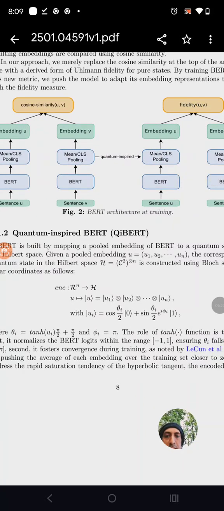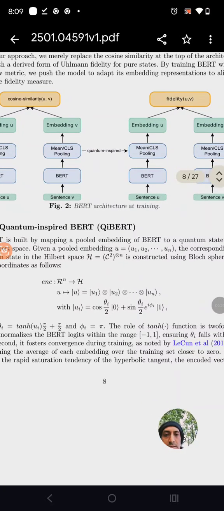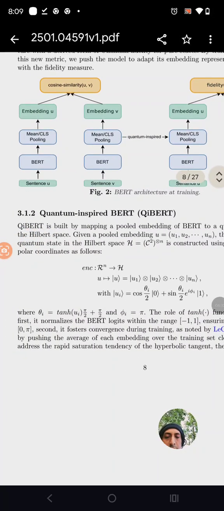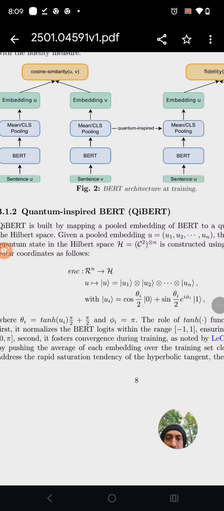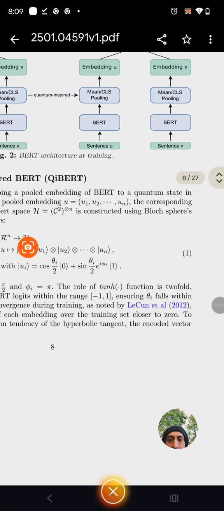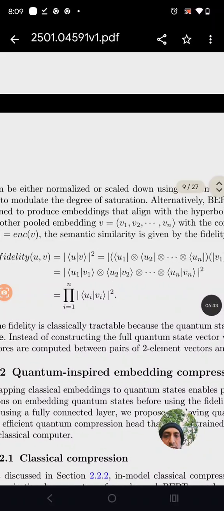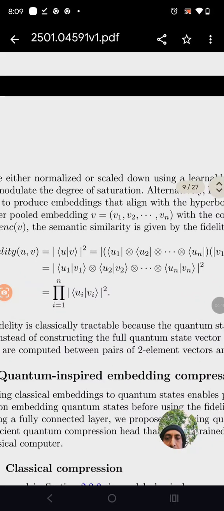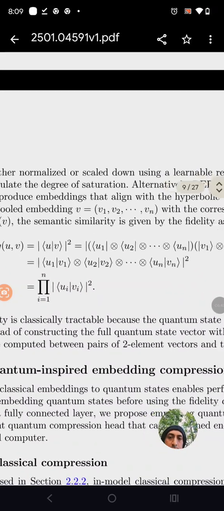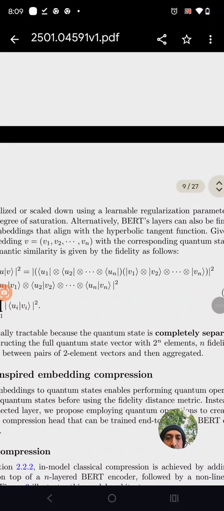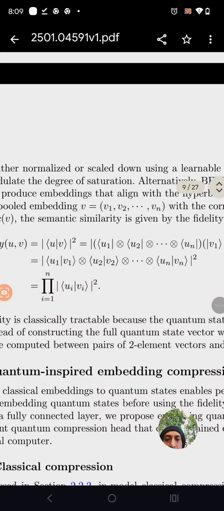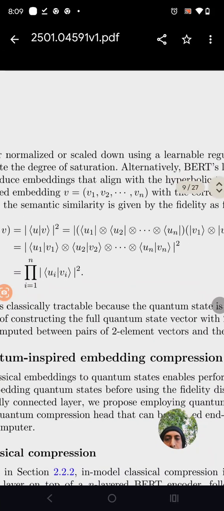Given a pooled embedding U equals U1 to UN, we have this mapping from R to the power n to H. The fidelity metric is also here: the overlap of U and V squared, which equals U1V1 dot U2V2 dot up to UNVN, whole square.